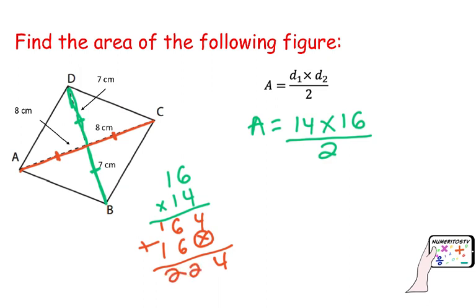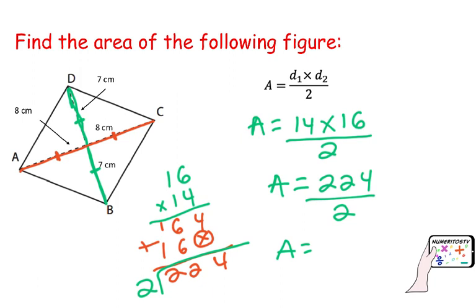So I have that 14 times 16 is 224, but don't forget to divide by 2. So you can do a quick long division here and just find that 224 divided by 2 is 112. Don't forget your units. If we're talking about area, this will be centimeters squared.